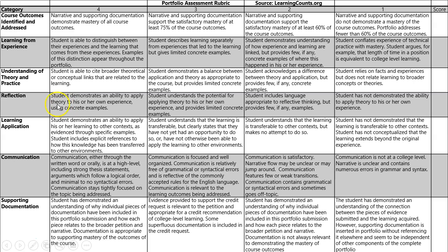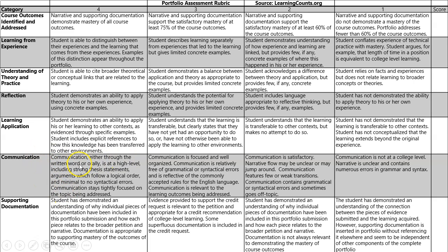So you need to be able to explain how theory relates to your own experience. So that's this next one. You need to be able to show that what you learned you could apply into other contexts, and how you could transfer it into other environments.